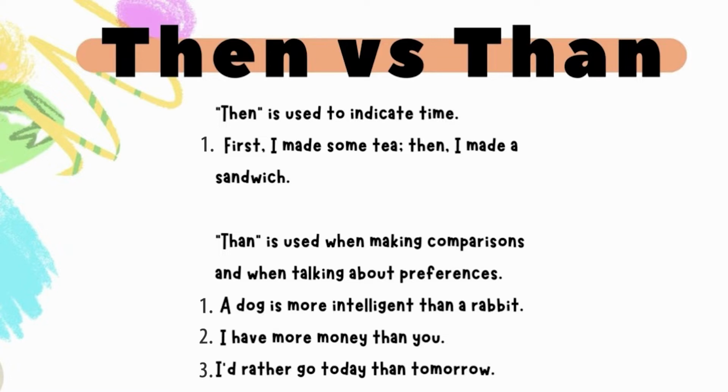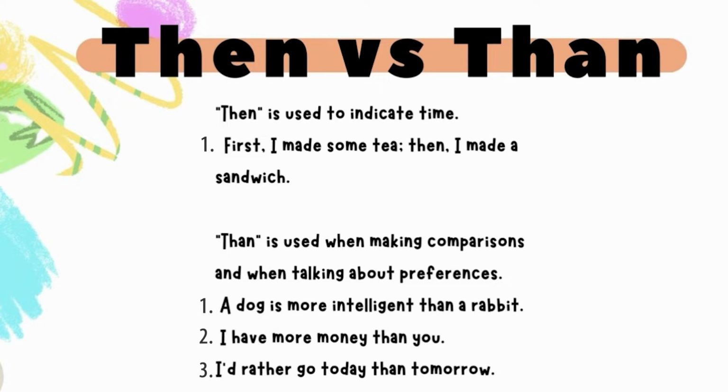Than with the A is used when making comparisons and when talking about preferences as well. Example number 1 says a dog is more intelligent than a rabbit. We're comparing the dog to the rabbit, so than with the A is used here. The second example is not as obvious, but you can also understand how a comparison is being made once you hear the explanation.